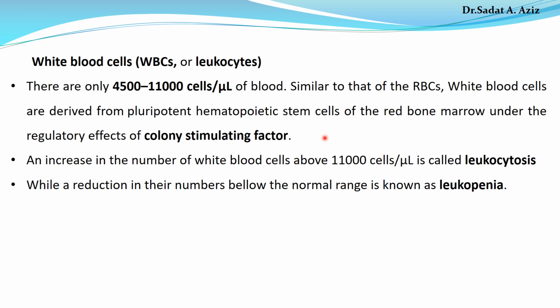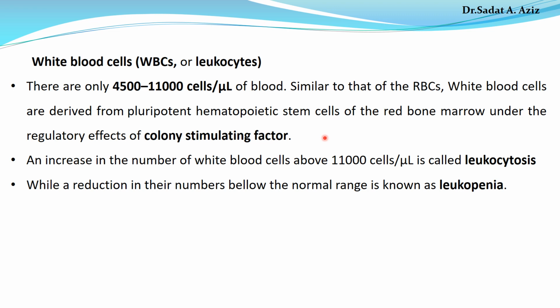So leukopenia is a reduction in the number of the circulated leukocytes within the circulatory system. So penia means reduction, cytosis means increase. So anytime you see such a kind of suffix, which is called penia.